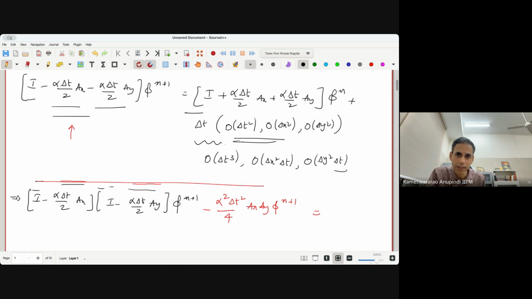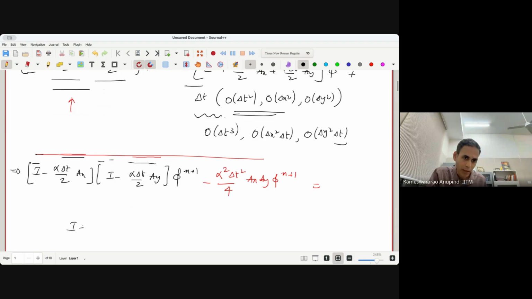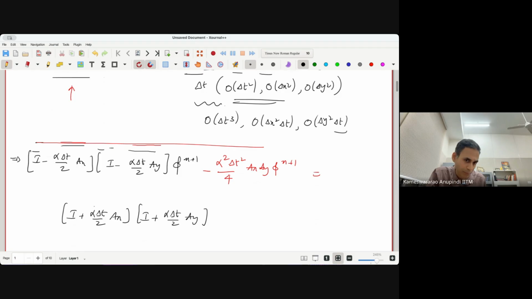Similarly, on the right hand side, I'm going to factor the scheme into I plus alpha delta t by 2 times ax times I plus alpha delta t by 2 times ay. That is going to give me the first three terms, and then again the product of these two is going to give me plus alpha square delta t square by 4 ax ay phi n. So I need to subtract off that.